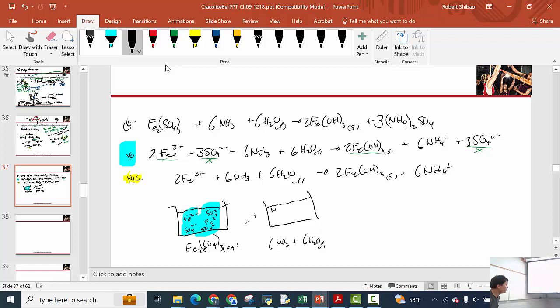Aqueous ammonia consists mainly of ammonia, and we'll have water in here. We have lots of ammonia in there. All we need for this particular one is, for every 2 irons, we need 6 of these. But we have lots of them in there, in the water.